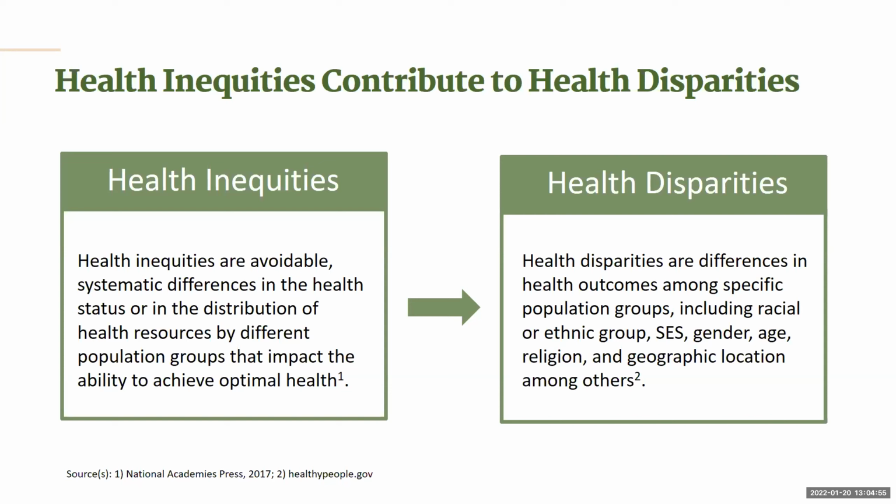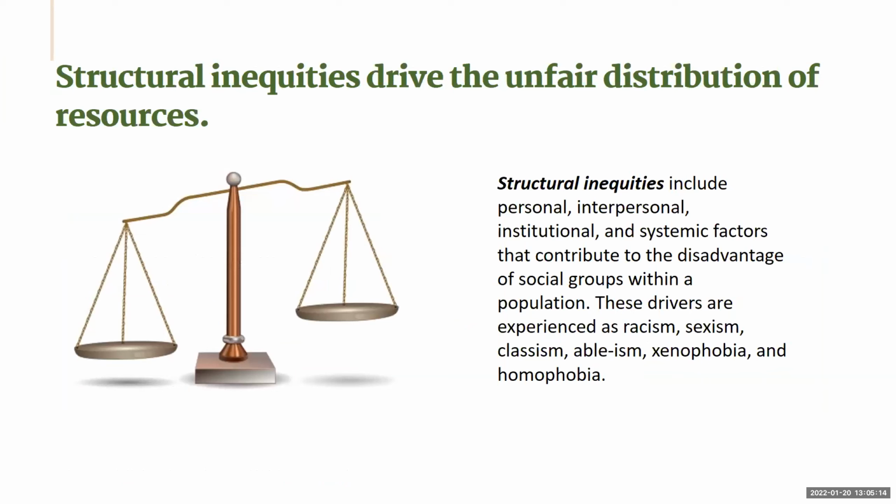It could be by socioeconomic status, that is education, income, and work or occupation. It could be by gender or sex, age, religion, and geographic location, among many others. Structural inequities drive the unfair distribution of resources, and that is what ultimately contributes to social determinants of health.